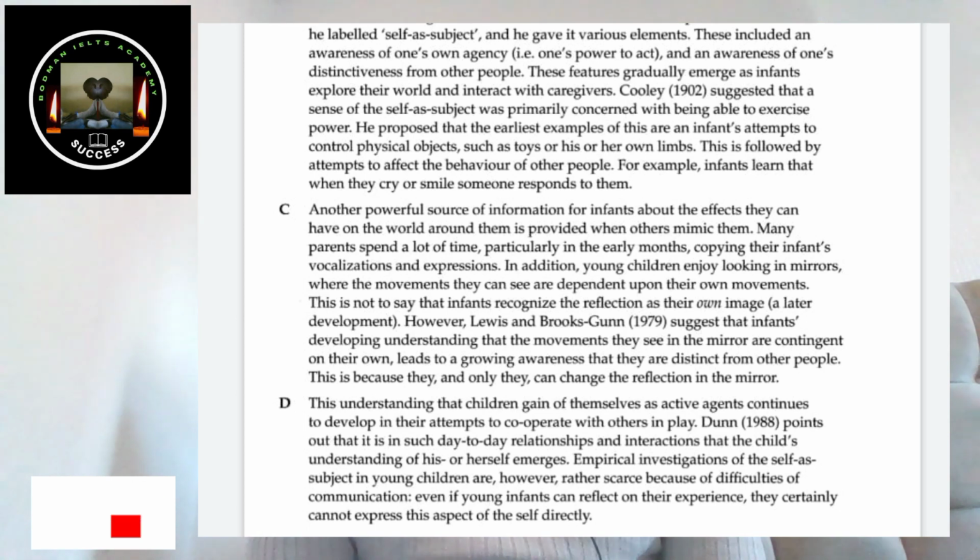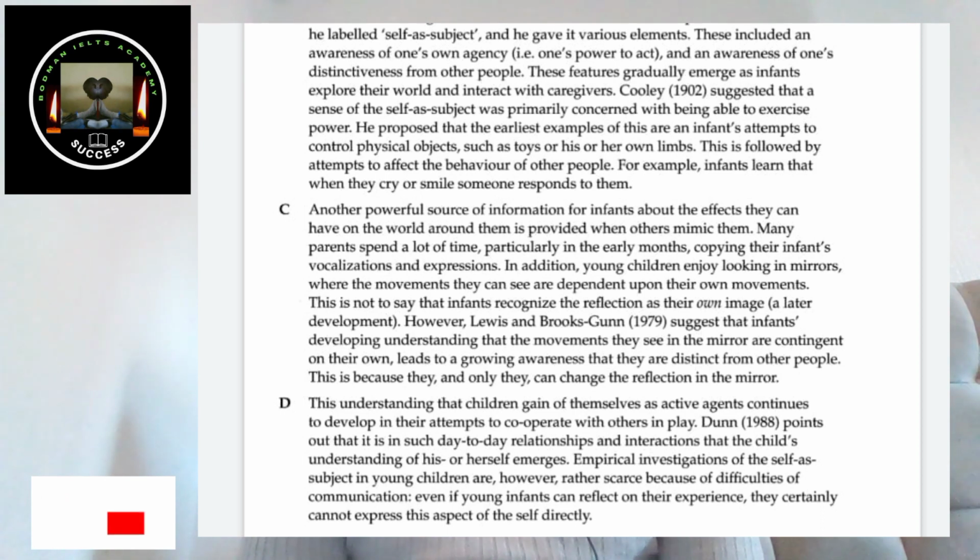However, Lewis and Brooks-Gunn suggest that infants' developing understanding that the movements they see in the mirror are contingent on their own lead to a growing awareness that they are distinct from other people.